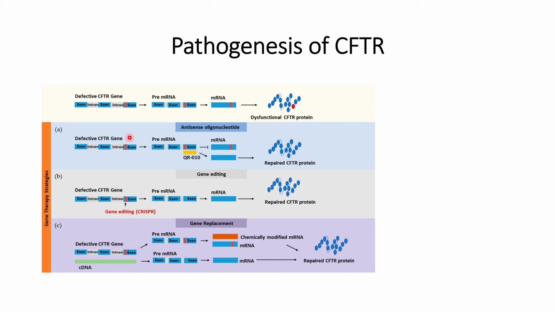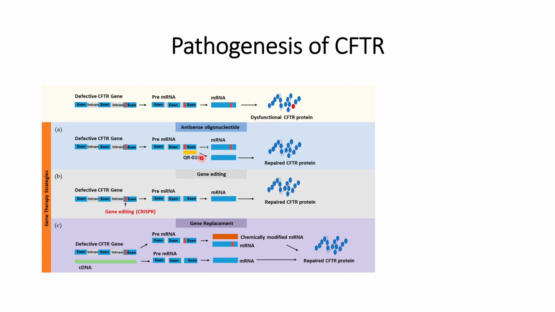So what are the possible treatments or future possible treatments? First is the use of antisense oligonucleotide. It is generally used to block the formation of protein or to prevent the protein from working in a particular way. So this antisense oligonucleotide strategy can be used to block this defective part, or to change this defective part into a correct mRNA sequence.